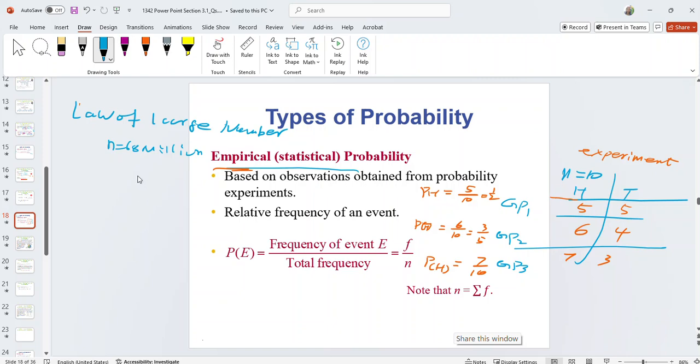And that is called the law of the large number. So if this number is large enough, this empirical probability gets closer to the classical or theoretical probability. If we only flip 10 times, that's too small, so you won't get close to half and half.